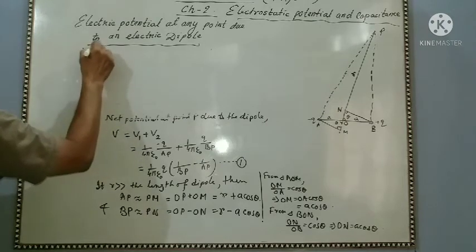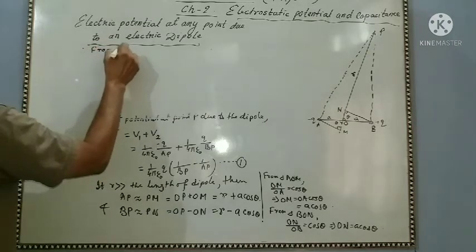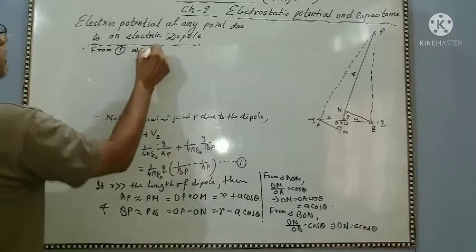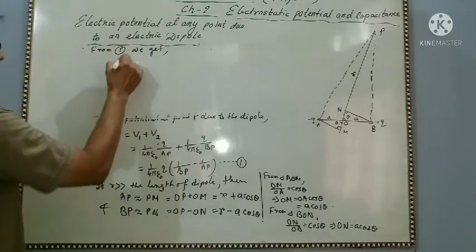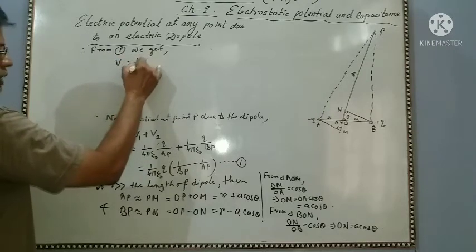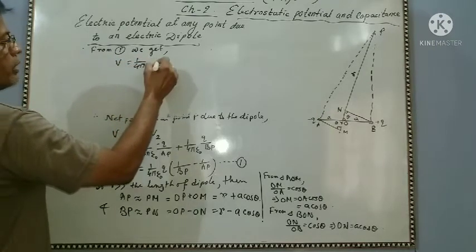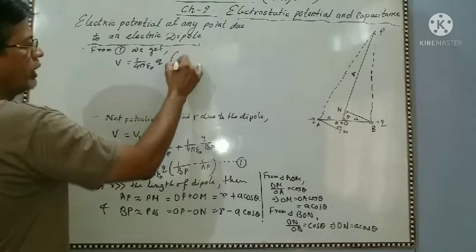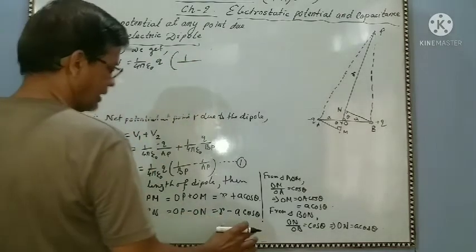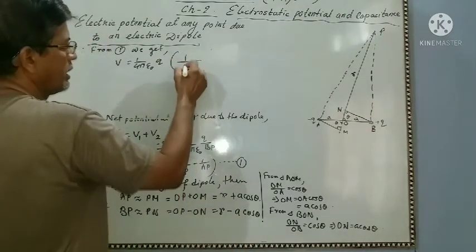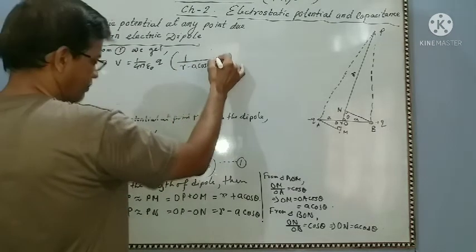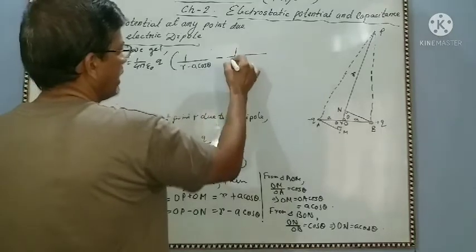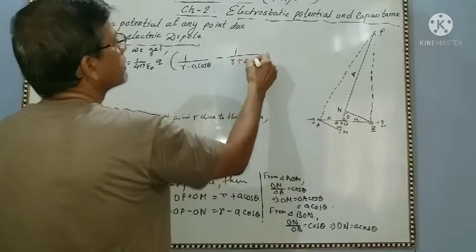Therefore, from 1 we get V equals 1 by 4 pi epsilon naught q, 1 by BP, which is r minus a cos theta, minus 1 by AP, which is r plus a cos theta.